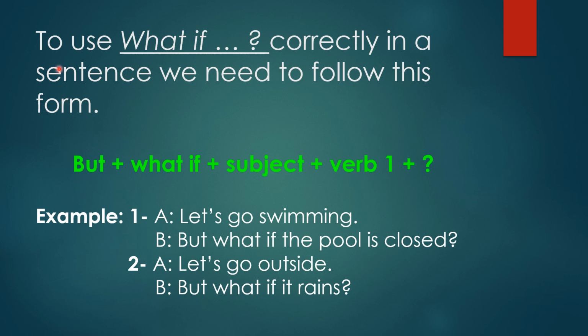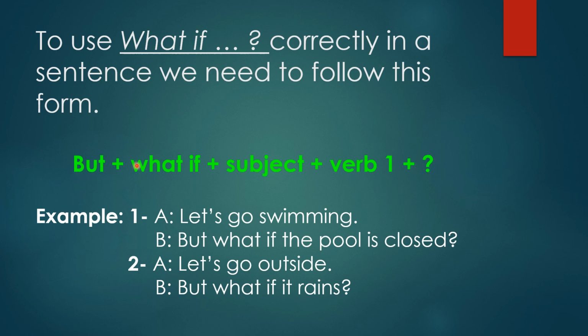To use what if correctly in a sentence, we need to follow this form. We have another form here which starts with but. But plus what if, here it is, what if plus subject plus verb 1, and at the end we have the question mark.